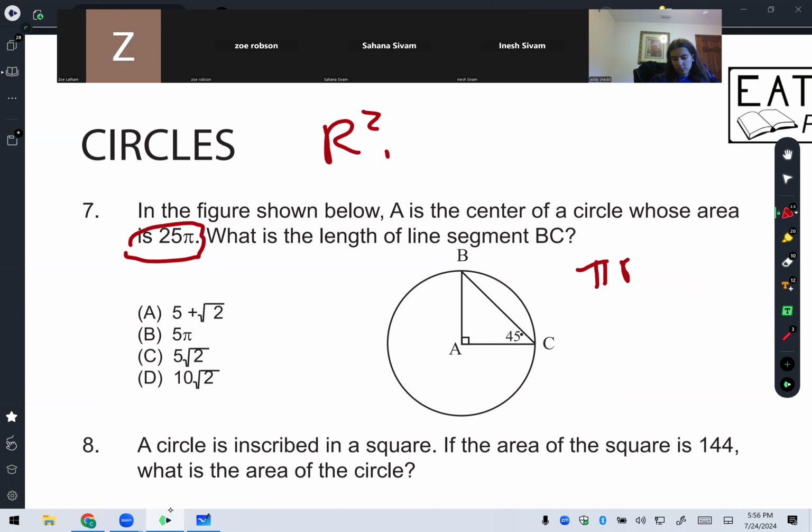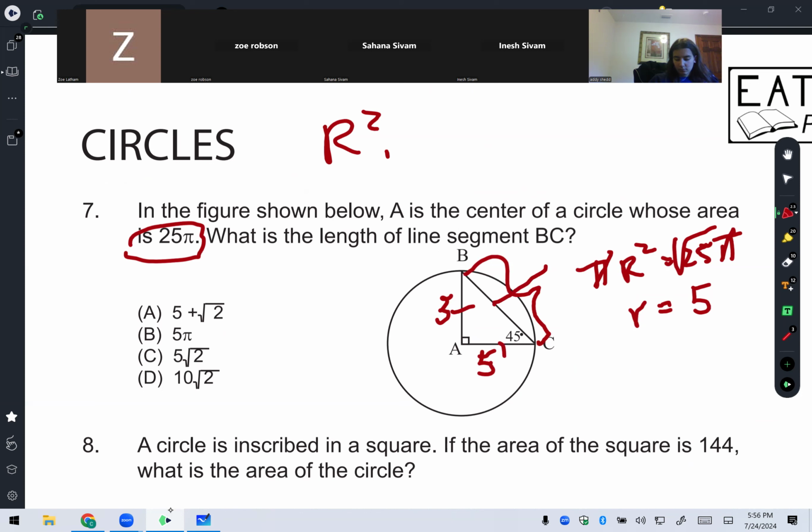So if pi r squared is 25 pi, that means the radius has to be 5. So this would be 5 and 5, and I have to get BC. I think they all know that's just 5 square roots of 2. So that would just be 5, 5, since these radii are all equal. And that would be 5 square roots of 2.